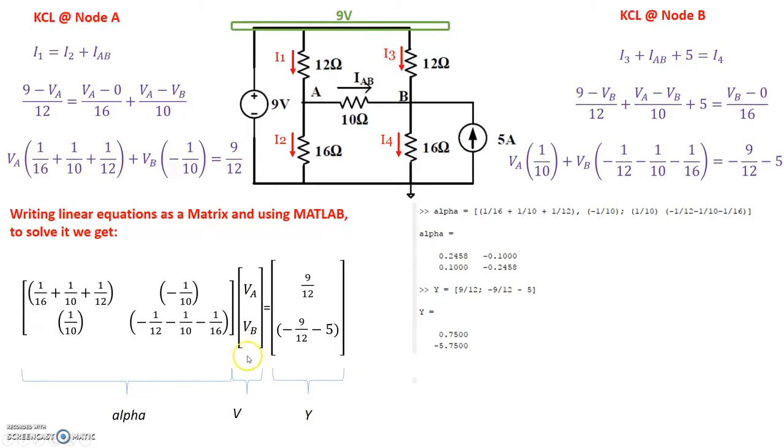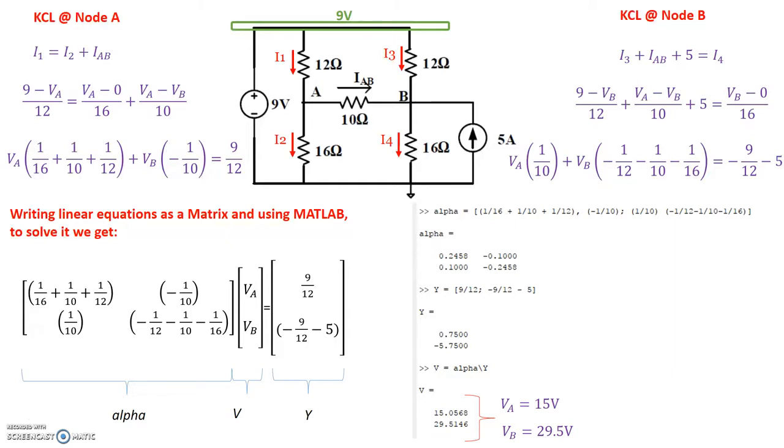We can do alpha backslash y, or we can do inverse of alpha times y. So v equals alpha backslash y, and we get v equals 15.0568 and 29.5146. That's way too many decimal places, so we'll just write down VA is 15, VB is 29.5 volts.